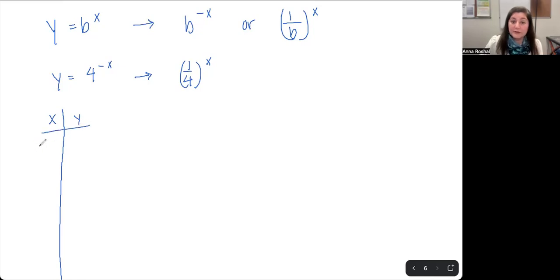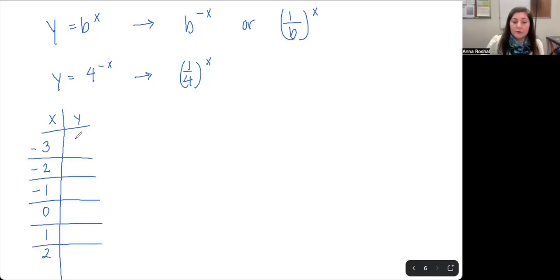And I'm actually going to start from -3, -2, -1, 0, 1, 2. And we are going to replace the x with all of these numbers. So I'm going to have 4, or actually let's do 1/4. I like 1/4 better. To the negative third power.